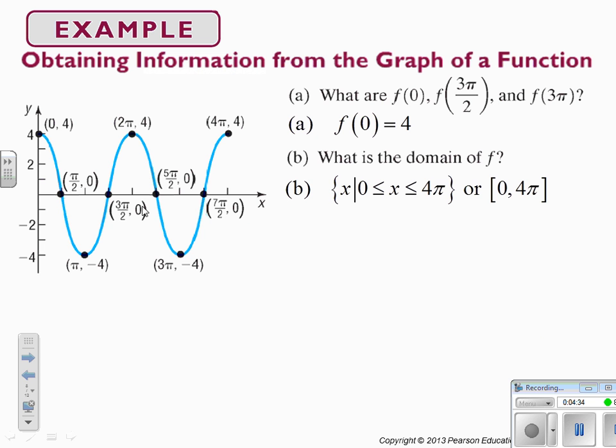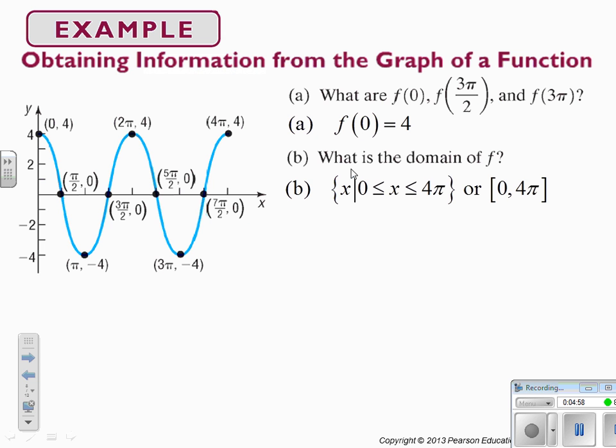And at 3 pi over 2, you are at 0. And at 3 pi, so if this is pi, 2 pi, 3 pi, our value is negative 4. So f of 0 is 4, f of 3 pi over 2 is 0, and f of 3 pi is negative 4.